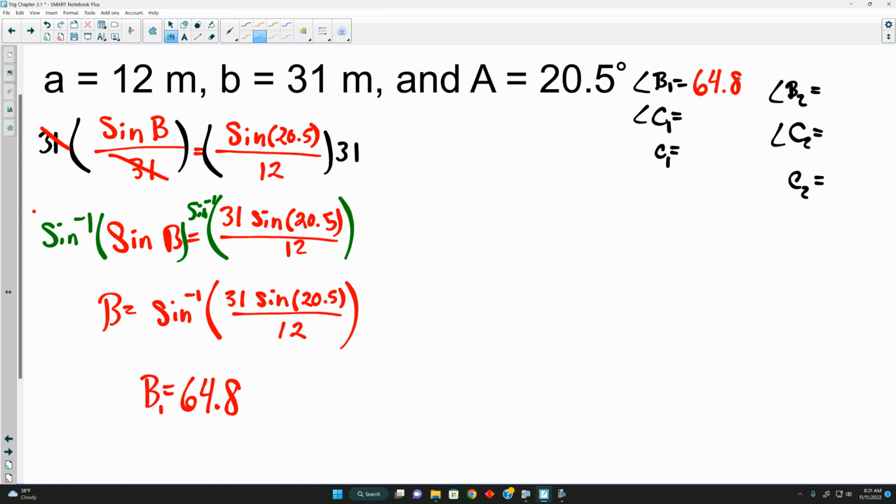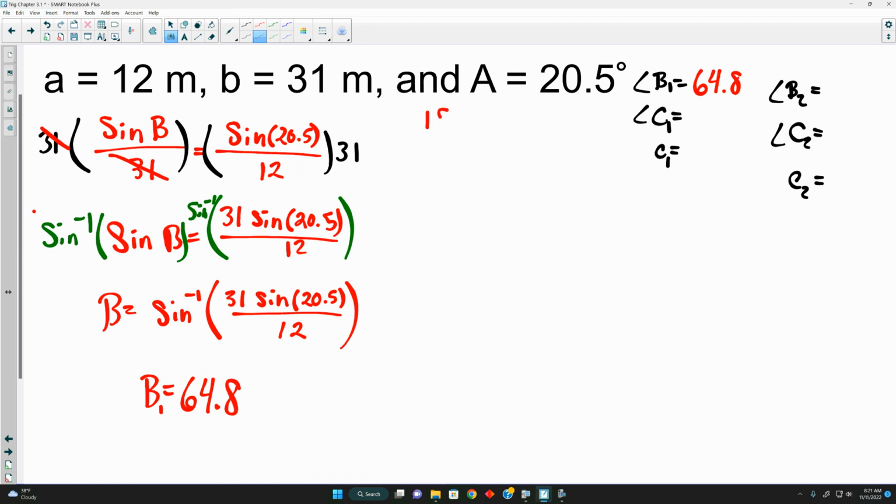Now, I've always tried to relate this back to the two triangles and trying to understand how we get B2, but I finally got it to make sense for myself. If we think, and it's in proportions to the unit circle, sine is positive in the first and second quadrant, yes? So dealing with reference angles, if I subtract this from 180, we get what value would be in quadrant 2, where they would have the same sine. So if we're trying to find the second angle, we're just going to take the 64.8 and subtract it from 180.